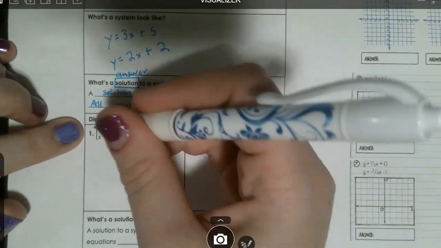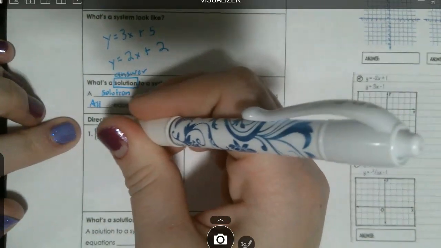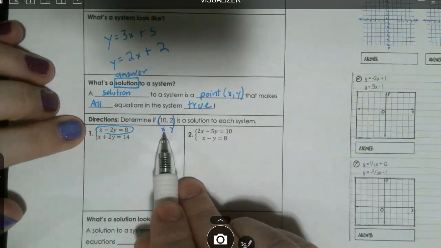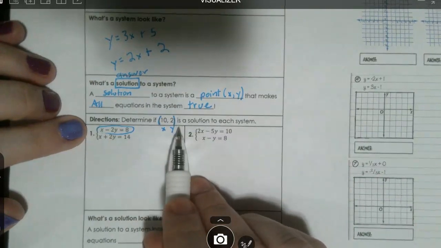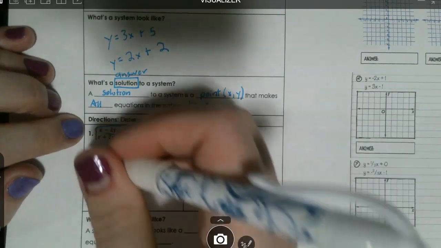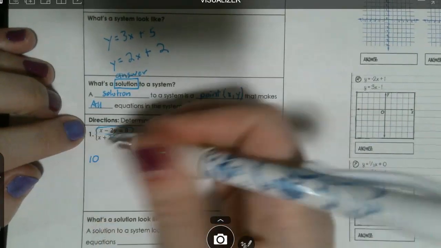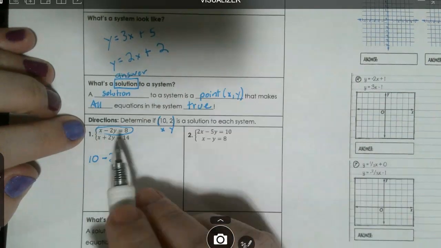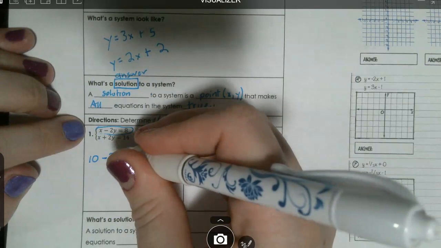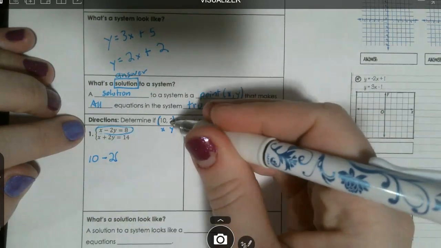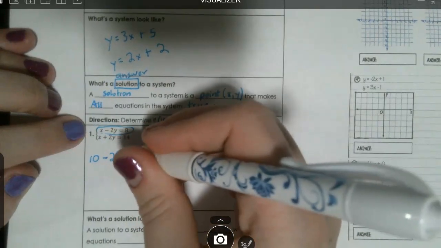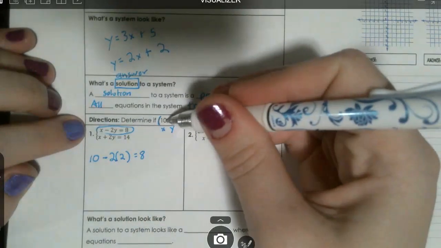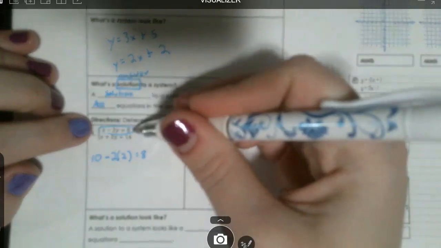Okay, so let's go ahead and do number 1 together, and I'll show you what this looks like. We're going to take this first equation right here, and I'm going to rewrite it with 10 as my x and 2 as my y. So as I rewrite it, I'm going to say 10 instead of x, minus 2y, and I'm going to put the y value as 2 right there, equals 8.